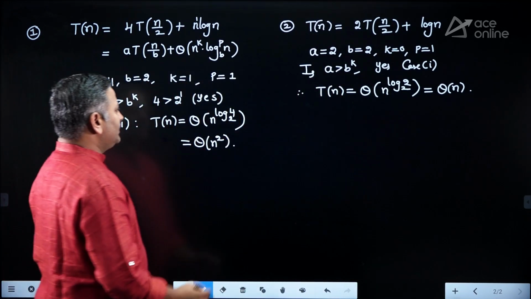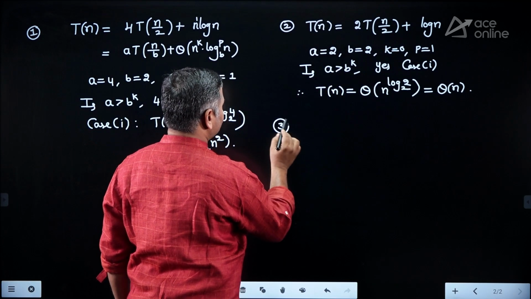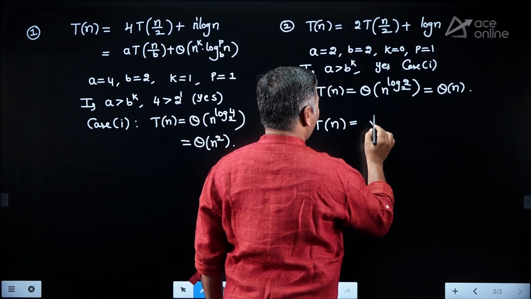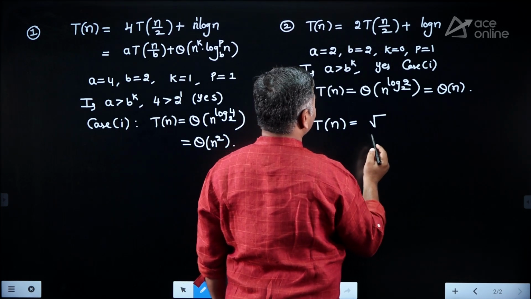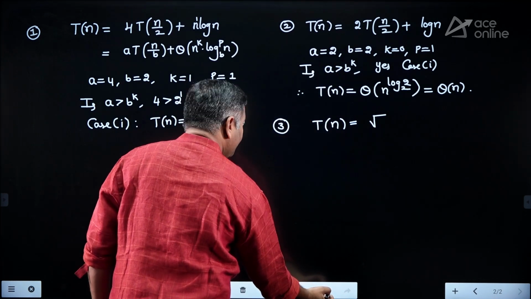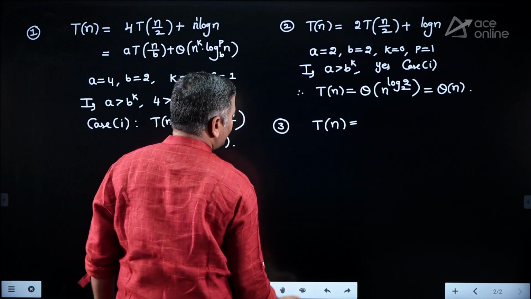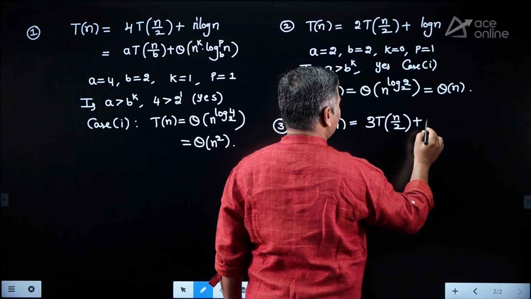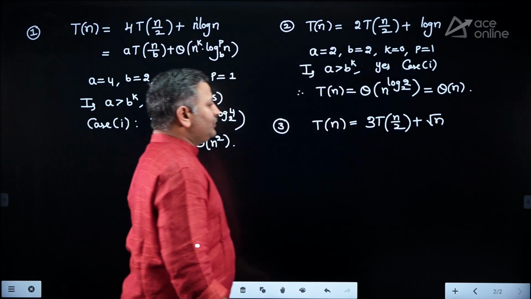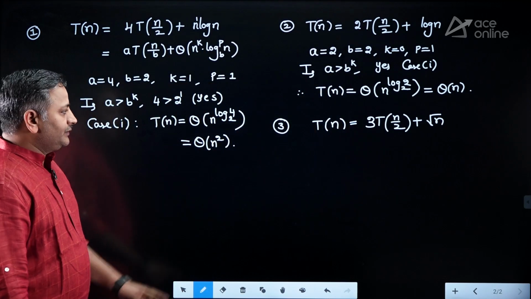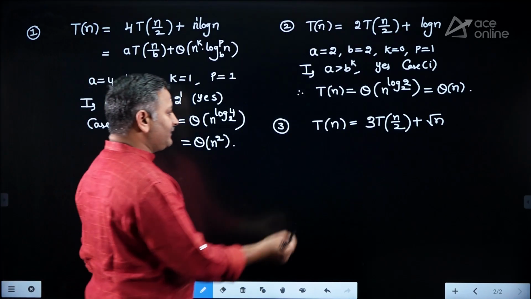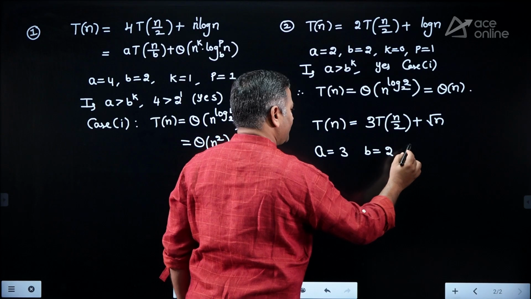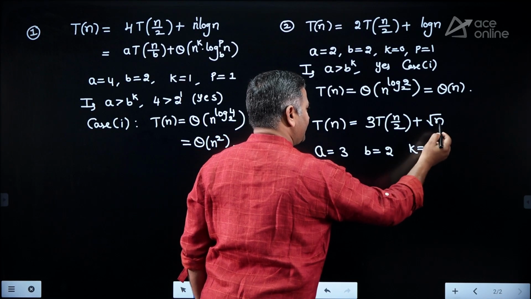Okay. Next, the third one, t of n is equal to 3 into t of n by 2 plus root n. Just compare with the standard form of the master theorem and get the values of a, b, k. A value is equal to 3, b value equals 2 and k equals 1 by 2, because we can write this as n to the power of 1 by 2.